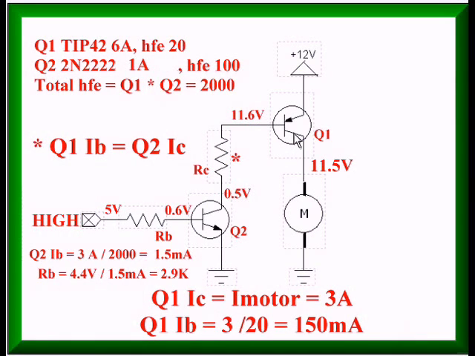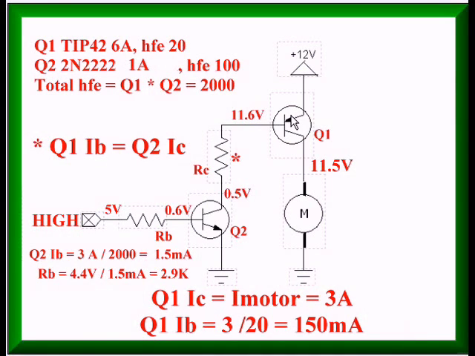Q1 is set up in the source configuration, but in regards to Q1's base, Q2 is set up in the sink configuration because it's in the ground side of RC. So I only need about 1.5, 2 milliamps from the Arduino through the emitter base circuit of Q2 to fully switch on Q1 and give me 3 amps.